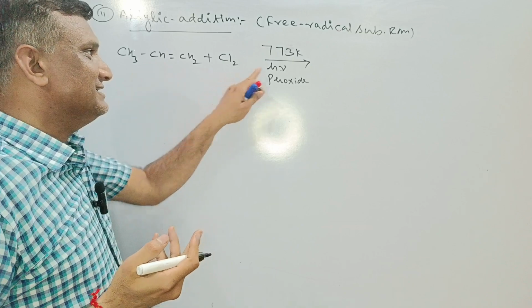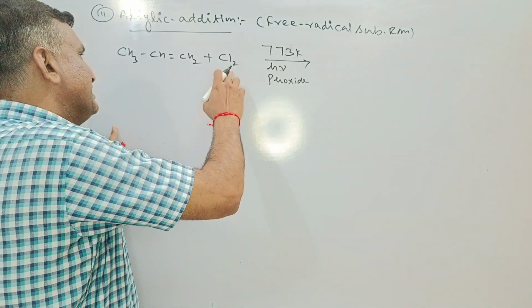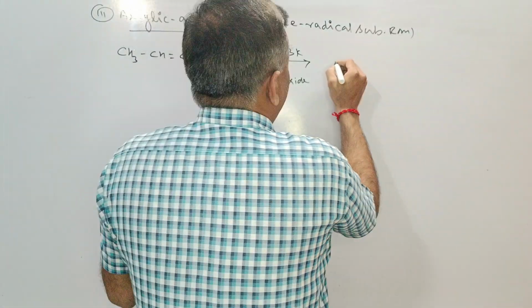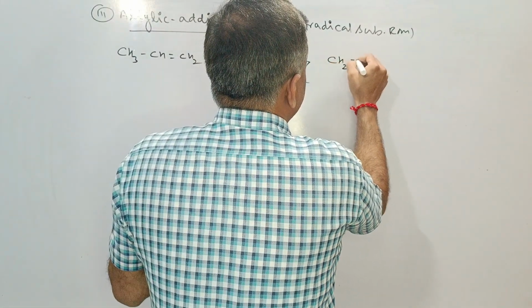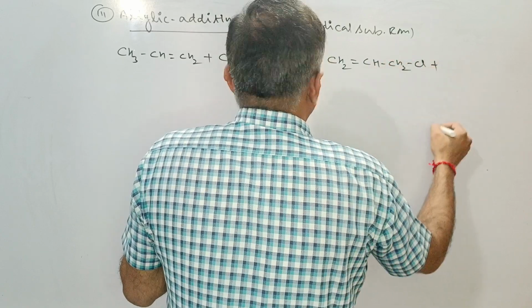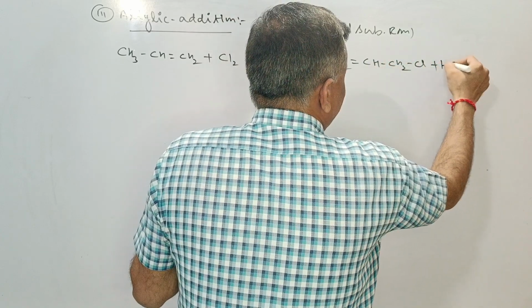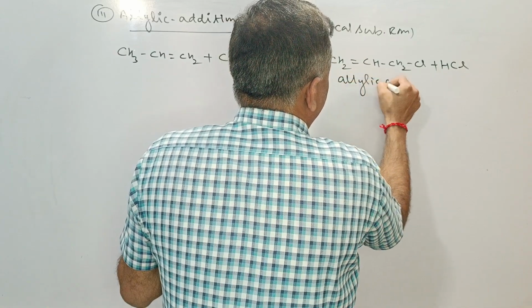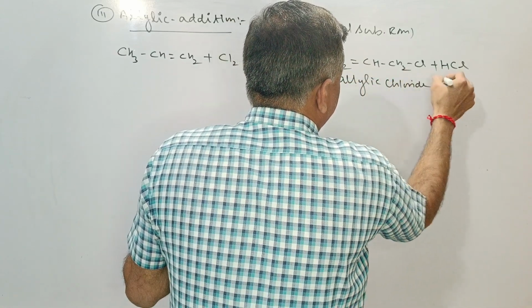So this reaction is irreversible. Cl will attack the CH3 and form an allylic halide, CH2=CH-CH2Cl, and HCl will form. This is allylic chloride, a primary allylic chloride.